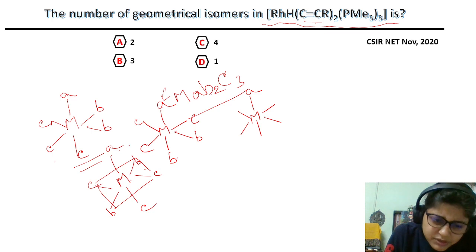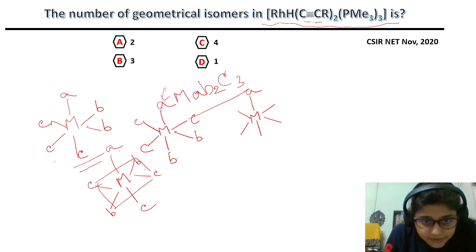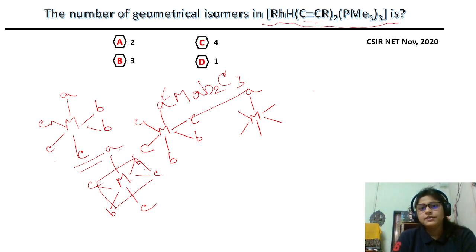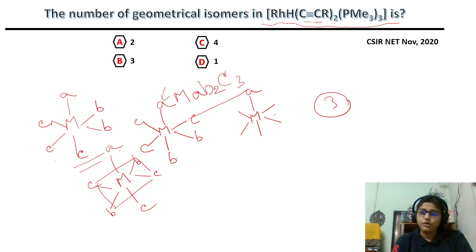So is there any other possibilities? There are C's, they will be trans, and there are no other possibilities. Three geometrical isomers will be possible. Okay, look how easy these questions are. So these will be answered.